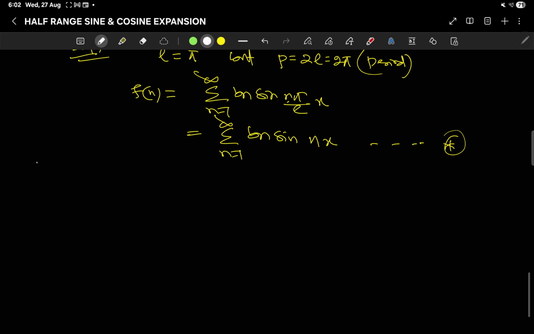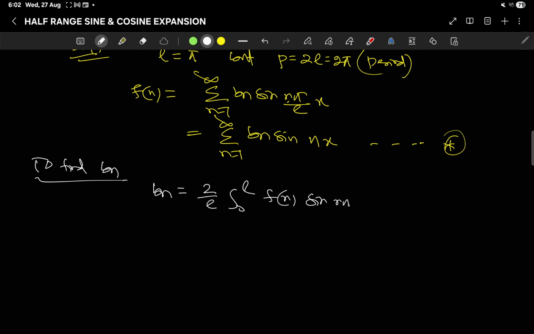Now you find here, find B_n. B_n is equal to 2 by L integral 0 to L f(x) sine n pi by L x dx. So this is 2 by pi, 0 to pi, the value of f(x) is x square, sine n x dx.